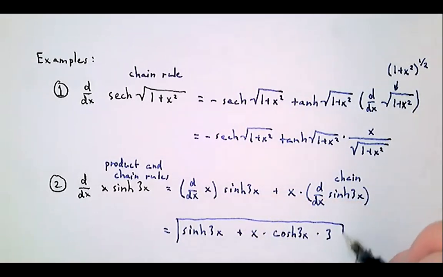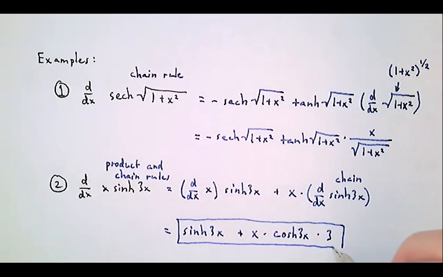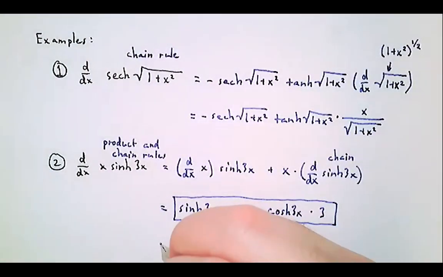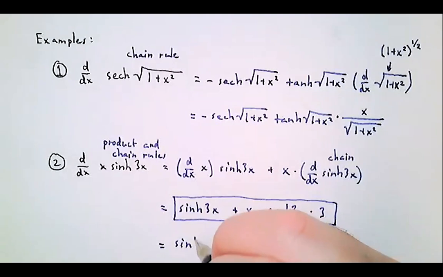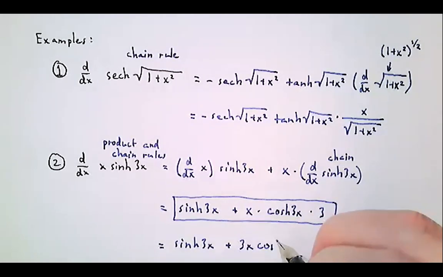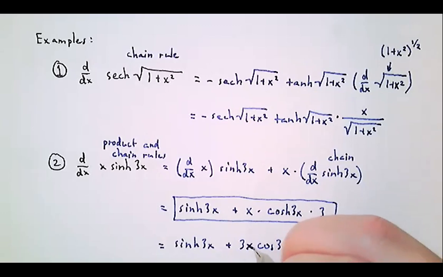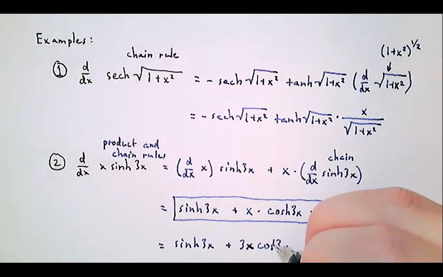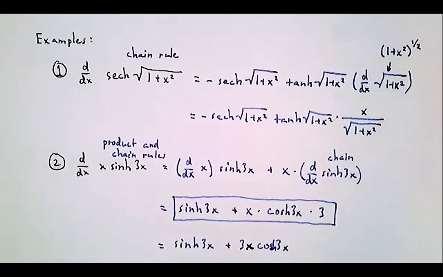If you were wanting to clean it up, you could combine the x and the 3 and move them to the front. And this would be the cleaner way of writing things. So you have your sinh of 3x plus 3x times cosh of 3x. Writing it this way just lets the person who's reading it know what's plugged inside of the cosh function a little bit easier.